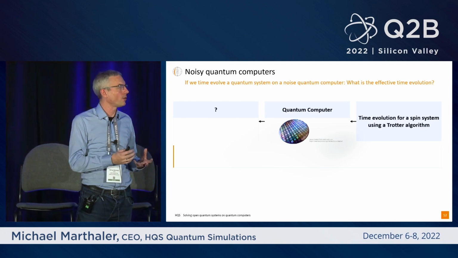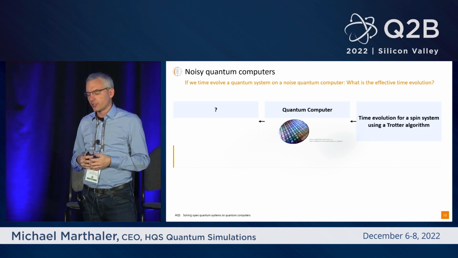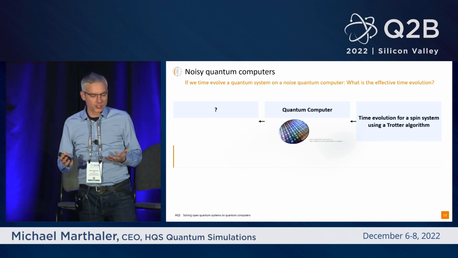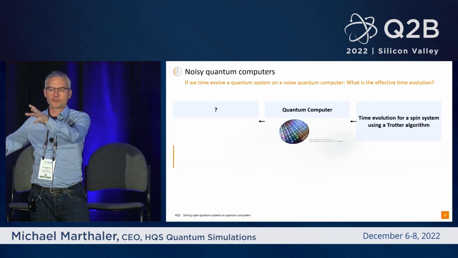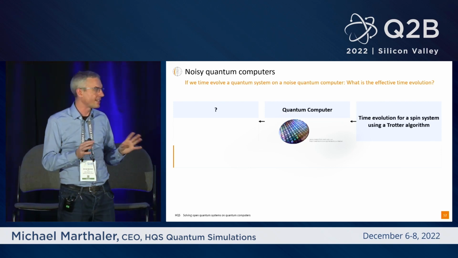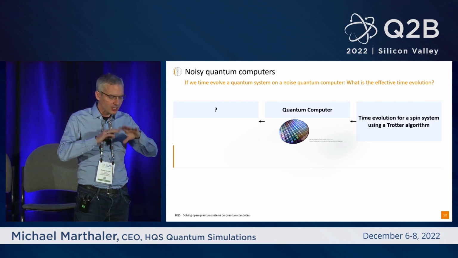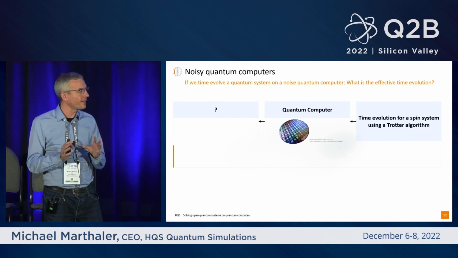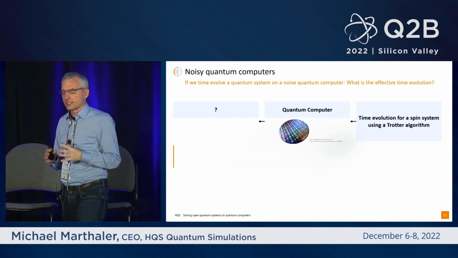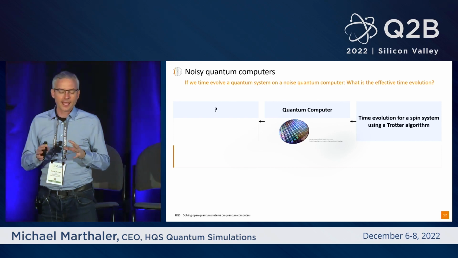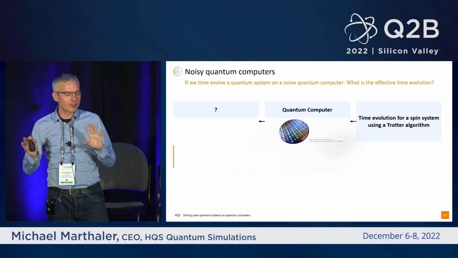The key goal was to say, okay, we know what the quantum computer is supposed to do. We have some Hamiltonian, it should time evolve a number of qubits under a certain setup using a Trotter algorithm and so on. So we know what we want to do with the quantum computer. We then look at the quantum computer and say, each of these qubits has various noise properties, and we now run all these gates and make this time evolution.